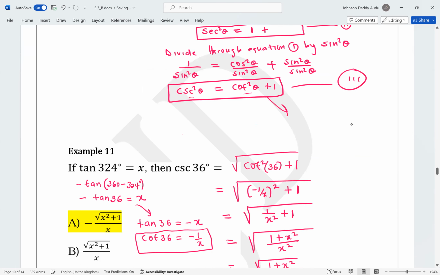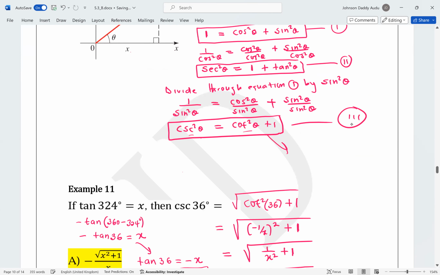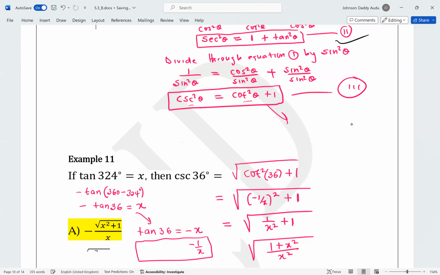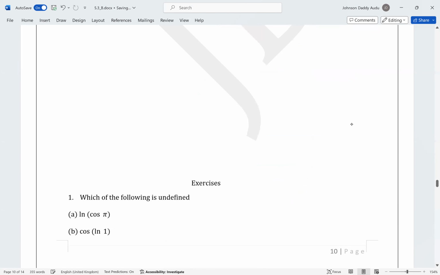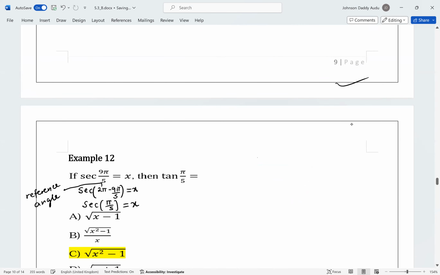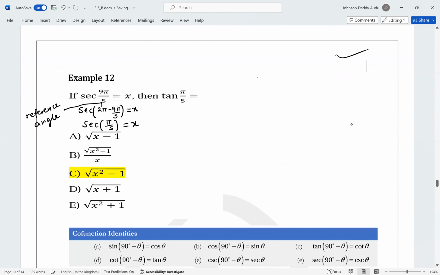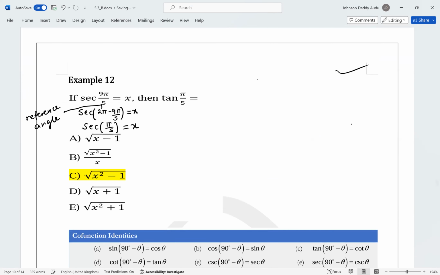So this is what I'm talking about here. Sec squared theta is 1 plus tan squared theta. We can use that because we already have sec, right? So once we have sec, we can find tan.